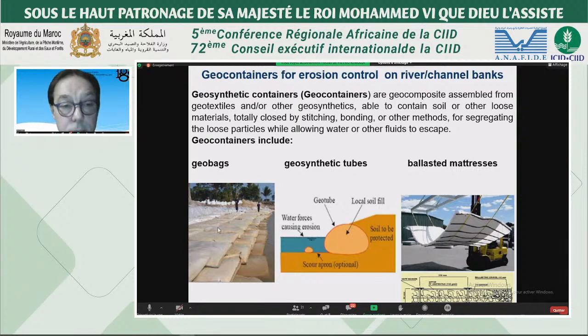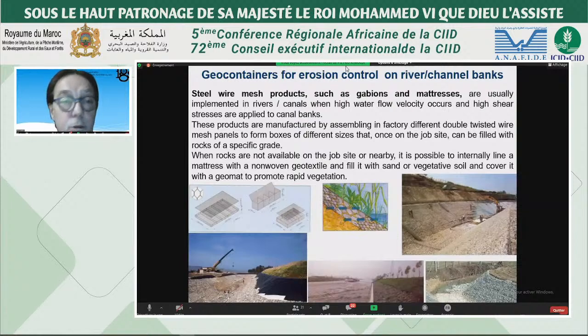Donc, ces géoconteneurs peuvent contenir des sacs, des tubes ou des ballasts. On peut également avoir des produits synthétiques tels que les gabions et les matrices.